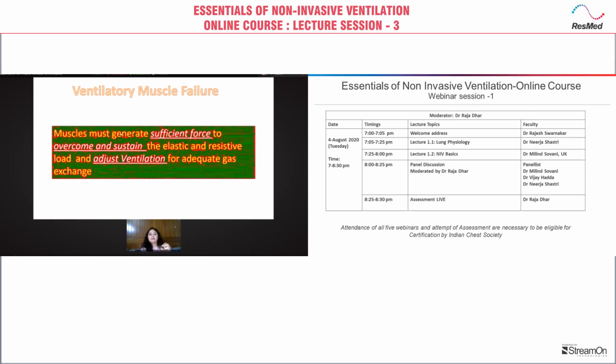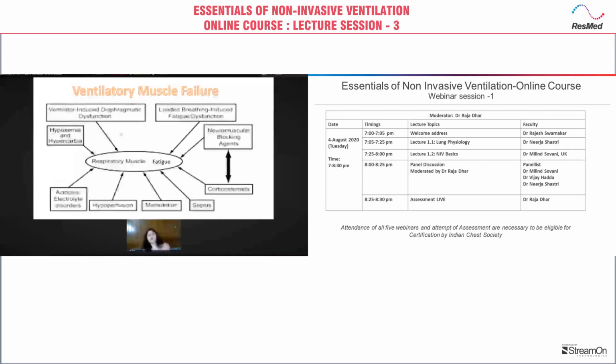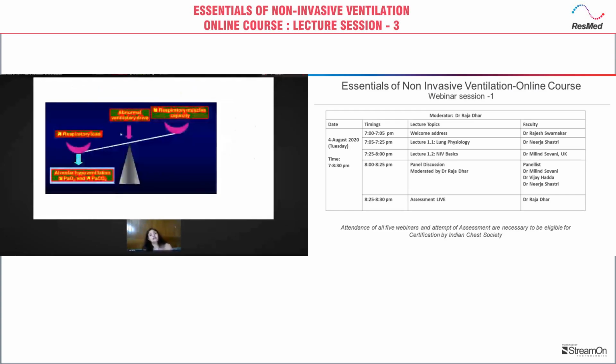Normally, muscles should generate sufficient force to overcome and sustain both your elastic and resistive load for adequate gas exchange. There are many causes which can cause muscle fatigue, and ultimately what we see is hyperventilation, decreased oxygen and increased carbon dioxide.